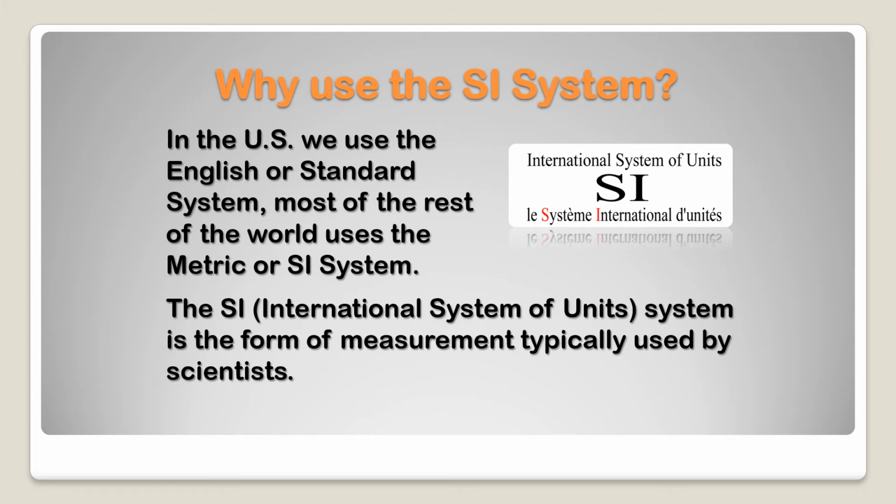So the SI system, or International System of Units, is the form of measurement typically used by scientists. And so for our purposes in our class, we will exclusively use the SI system. Understanding the system is very important when we get into discussing different formulas, the volumes, and things like that.